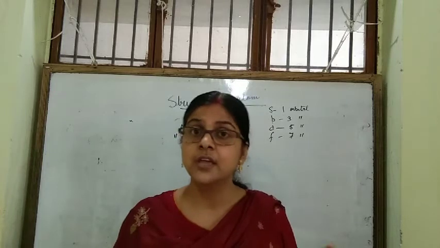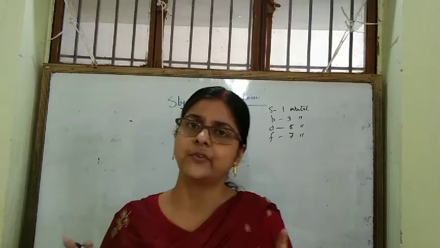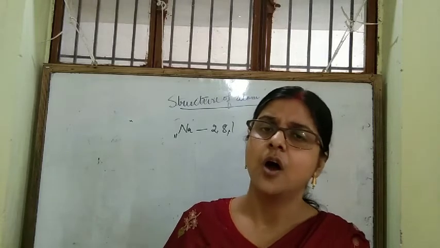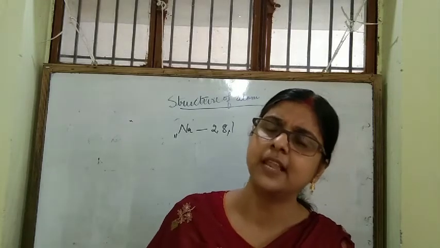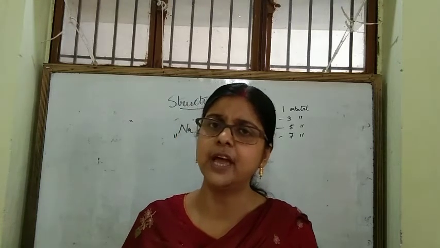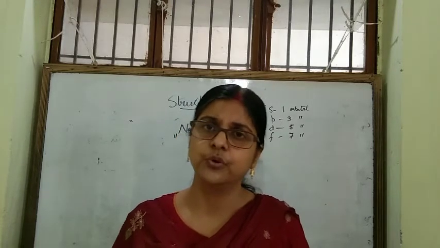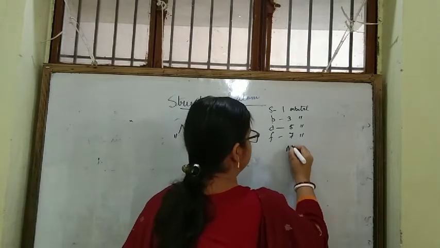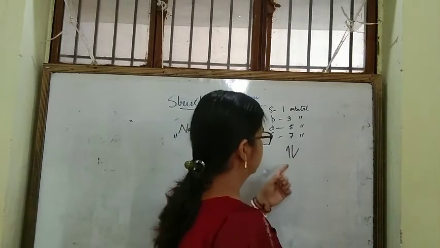Yes, students, only 2 electrons can be accommodated in a particular orbital of a particular subshell. How many electrons can be accommodated in an orbital? Only 2. And these electrons are represented like this.